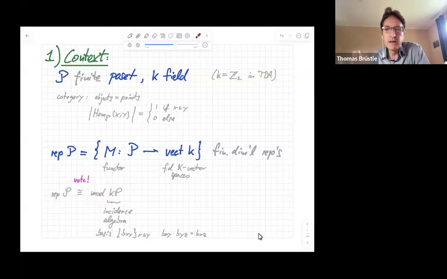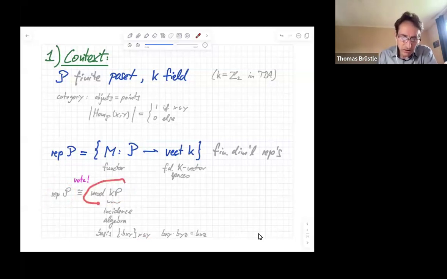I don't really know my audience. Can I make a quick vote? If you prefer the left-hand side, representations of posets as functors, can you quickly raise your hand or show me on Zoom? Good, thank you very much. A couple of people prefer this one.